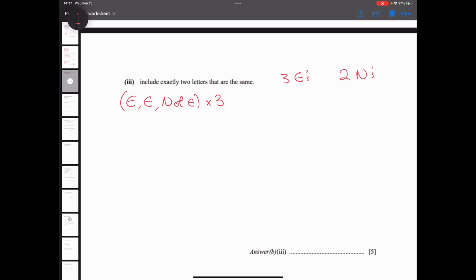And it can also be N, N, and not N. I'm going to multiply this by 3 as well.